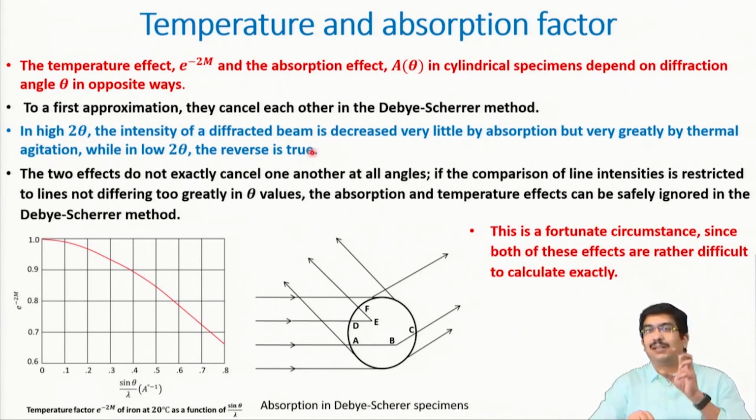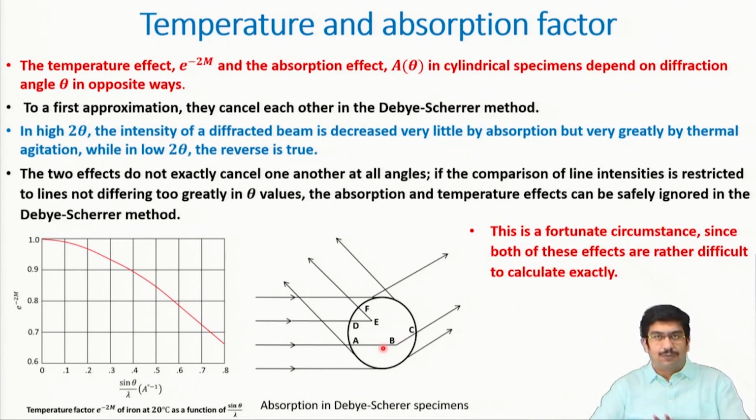So, for a powder specimen, the temperature factor will be there, the absorption factor will not be there, and for the cylindrical specimen, Debye-Scherrer method, the temperature factor and absorption factor will be cancelling each other. This is a very fortunate situation, because the exact calculation of either the temperature factor or absorption factor is quite difficult for any kind of material.